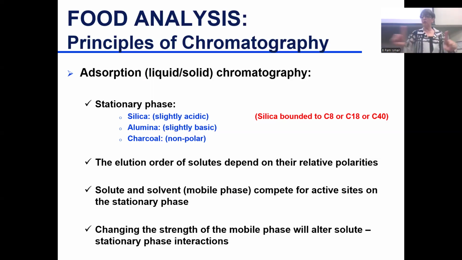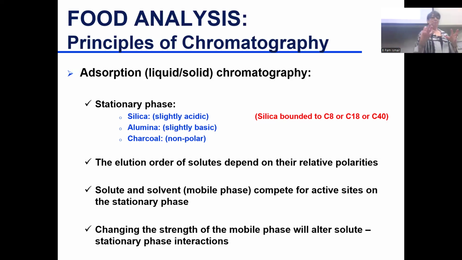So the longer the hydrocarbon, we can make it more hydrophobic. And these are chemically bonded to silica. So in this case, whether it's normal phase or reverse phase, they're going to separate based on the relative polarity as well.